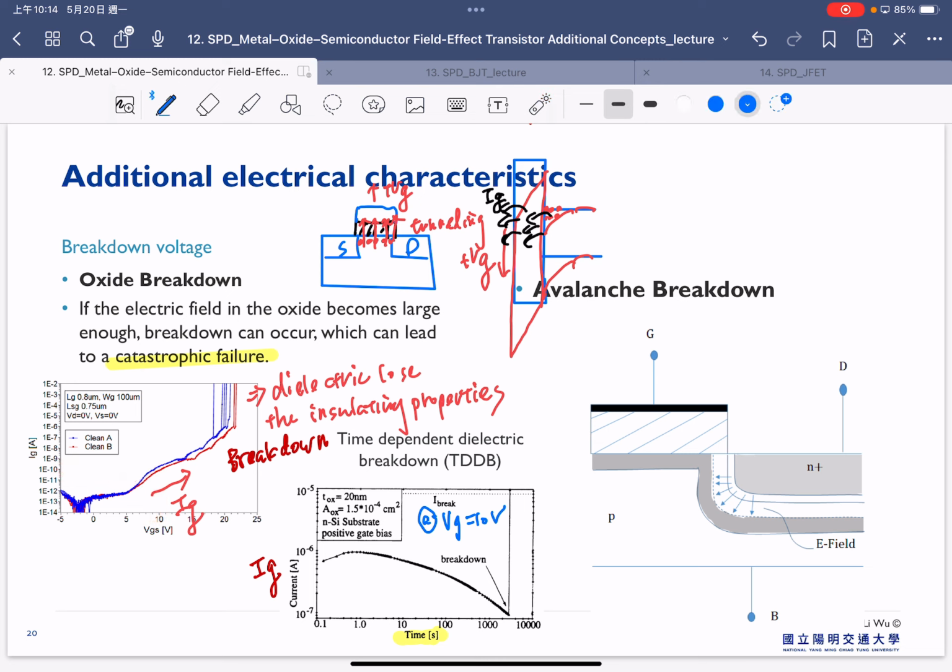But in reality, once you bias for long enough, we will still face breakdown occurring after a certain moment here. And this is related to time. That's why we call this time-dependent dielectric breakdown, and sometimes we just call this TDDB. TDDB is one of the major reliability challenges in all kinds of semiconductor devices, no matter what you are working on, front end, back end, whatever.